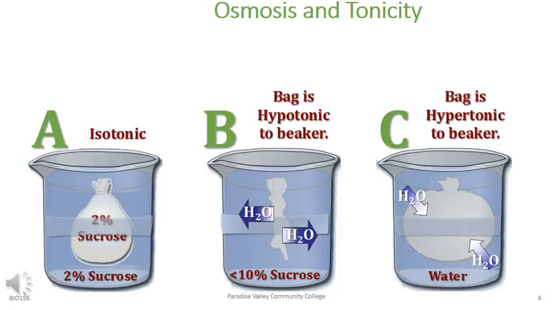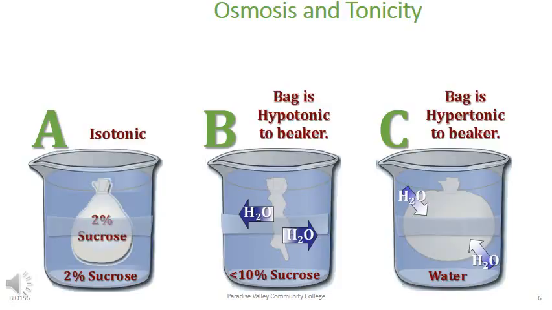Now, beaker B, this is where it starts to get a little tricky. We have a beaker full of water that has a 10% amount of sucrose in it. So we've got 10% sucrose in the water in the beaker. We still have a bag of 2% sucrose.